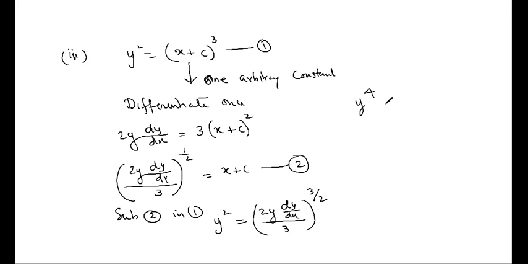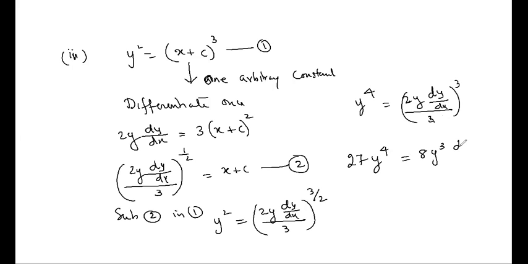y raised to 4 is 2y dy by dx upon 3, the whole cube. Now this became 27, this became 8. So 27 will get multiplied. 27 y raised to 4 is 8 y cube dy by dx the whole cube. One y cube gets cancelled.